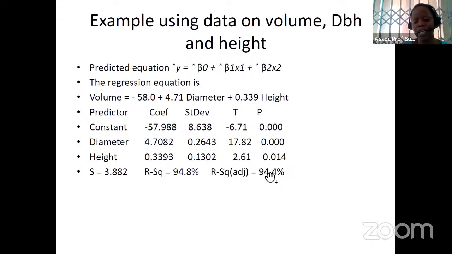So our R-squared adjusted is 94.4%. This is quite strong, quite high. We say that the variability in volume explained by the regression model is 94.4%, or 94.4% variability has been explained in volume by the regression model. Okay.